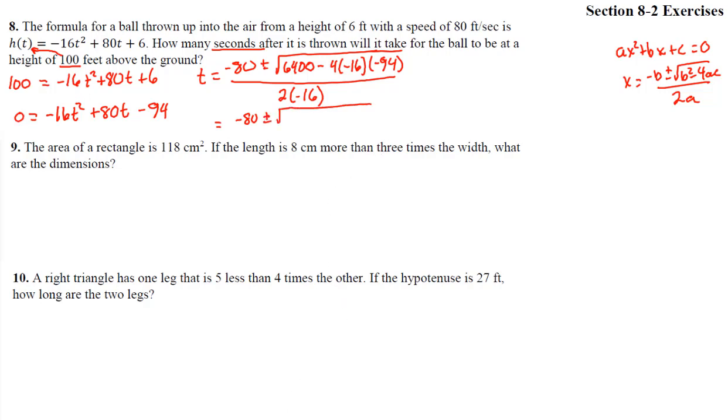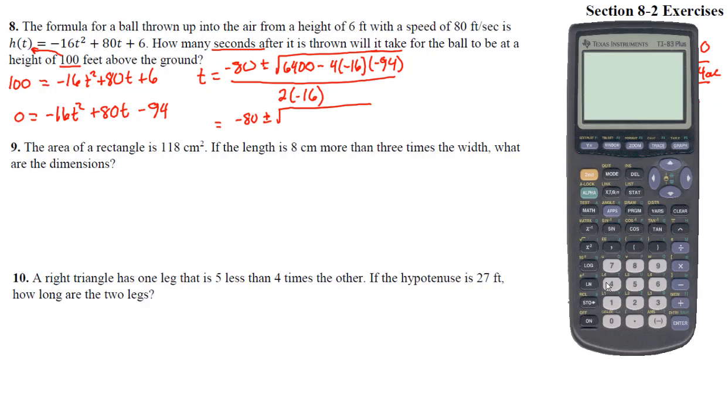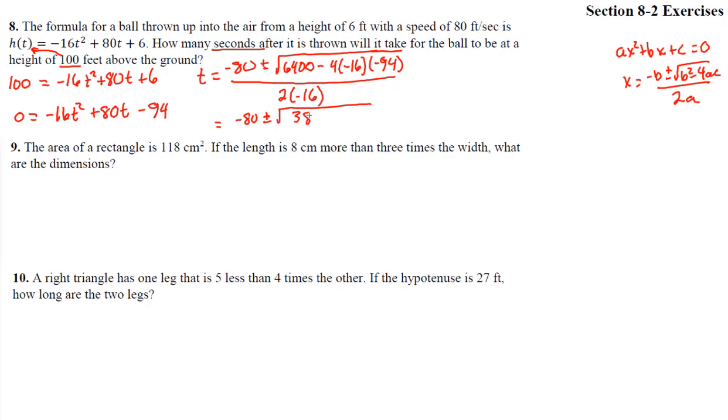Square root of what? Let's get the calculator out here. 80 squared, which is 6,400, minus 4 times negative 16 times negative 94. Notice we have to use the negative button instead of the minus button on those. And this is 384, all over 2 times negative 16, which is a negative 32.